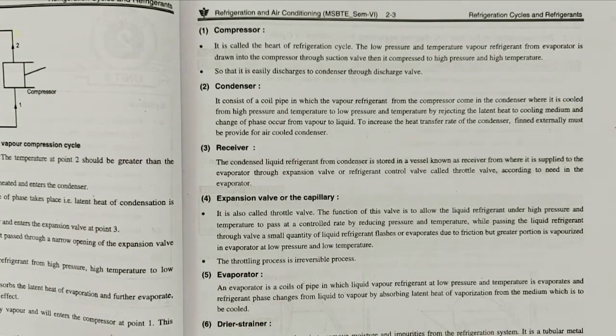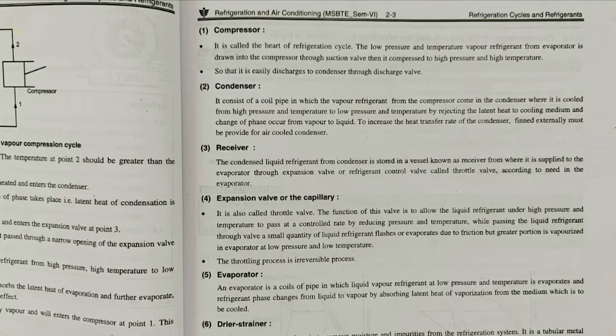It consists of a coil pipe in which the vapor refrigerant from the compressor comes in the condenser, where it is cooled from high pressure and temperature to low pressure and temperature by rejecting the latent heat to cooling medium and the phase changes from vapor to liquid.